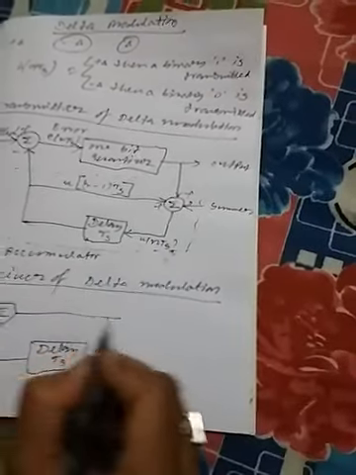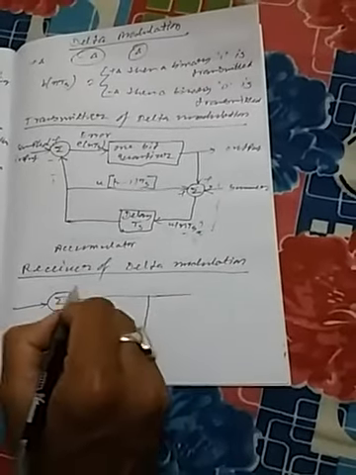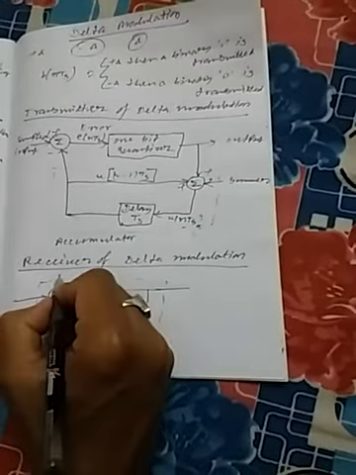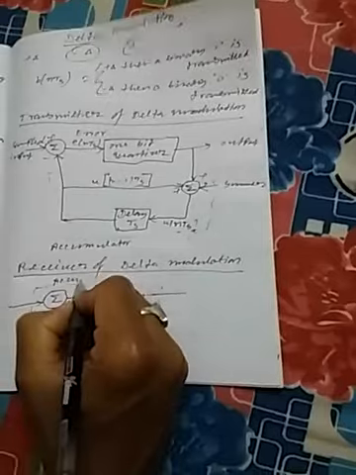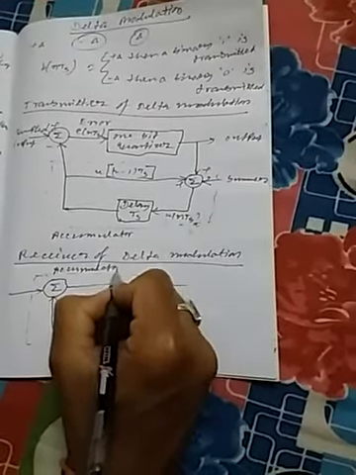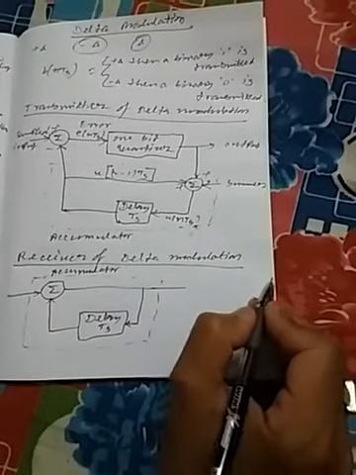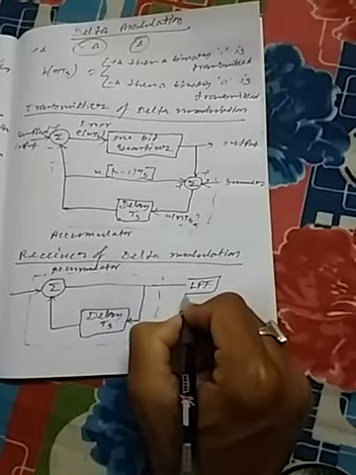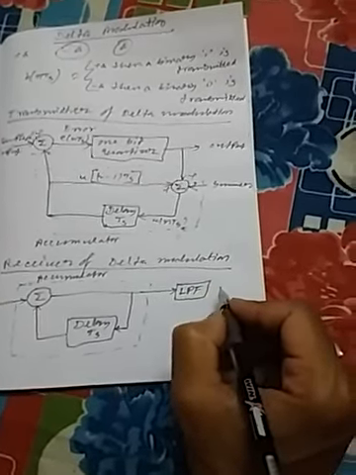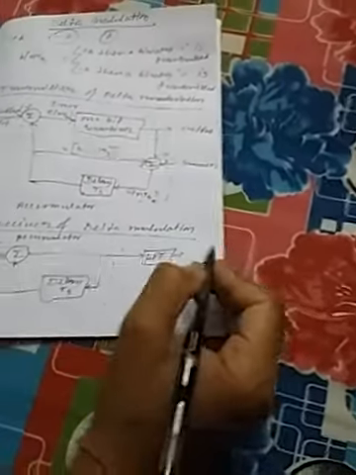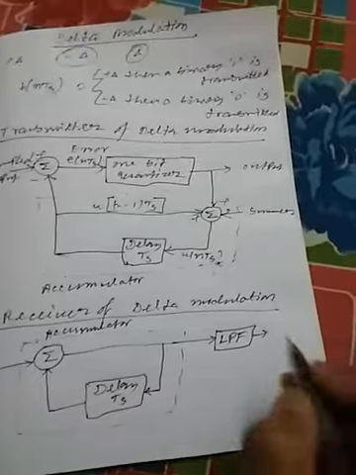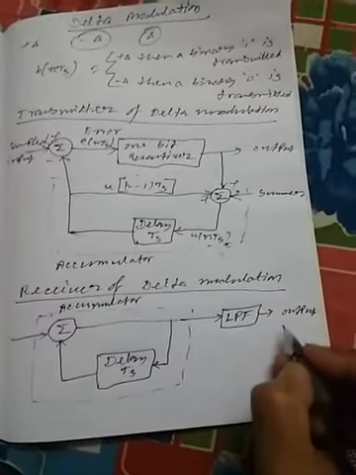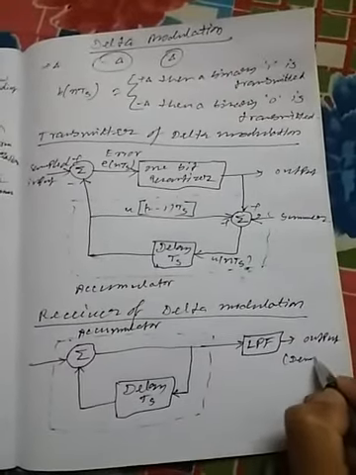So this is the accumulator section, followed by a low pass filter, the LPF, which generates the output, the demodulated signal.